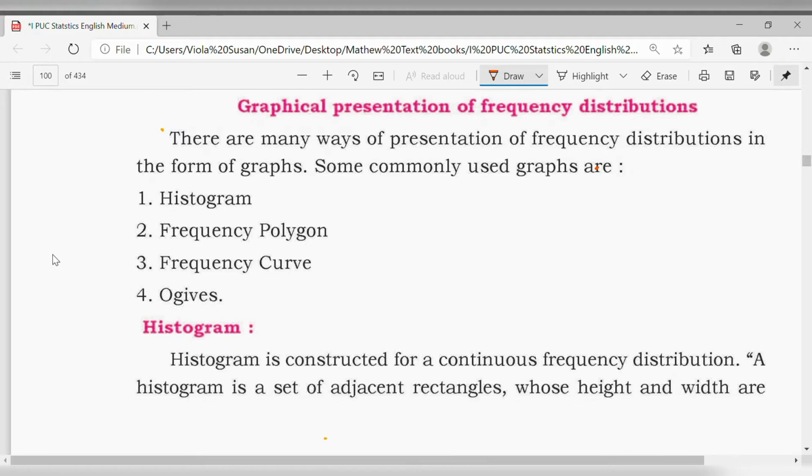So today, I'm going to explain to you about graphical presentation of frequency distribution, students, which is very clearly seen on the screen, the title which says graphical representation of frequency distribution.